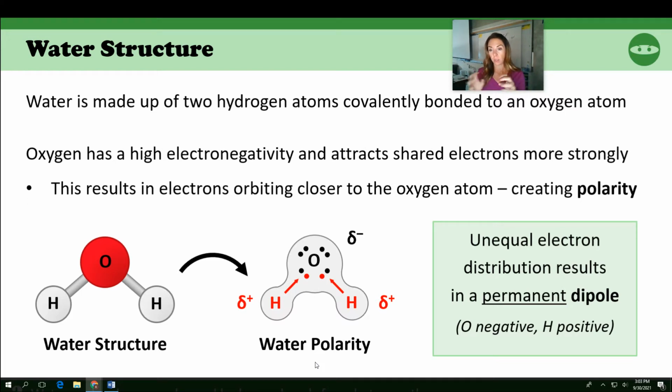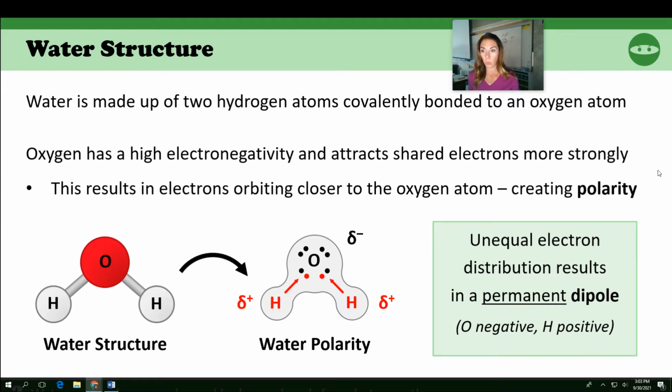Sorry, kind of skipping over. So the oxygen is going to be the one that pulls away those electrons, and I get this polar molecule. It talks about why that's important in the next slide, right? And so we call this unequal electron distribution a permanent dipole, right? Meaning two pole, like having the two positive and negative, right? So oxygen is negative, hydrogen is positive.